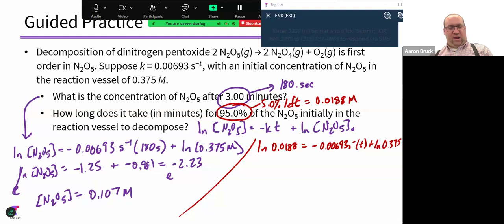Natural log of 0.0188 is negative 3.974. Natural log of 0.375, we already did. It was negative 0.981.